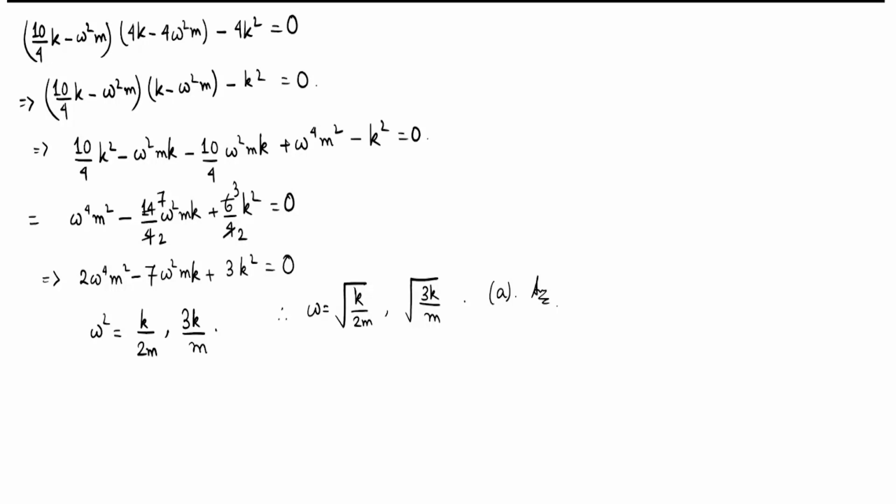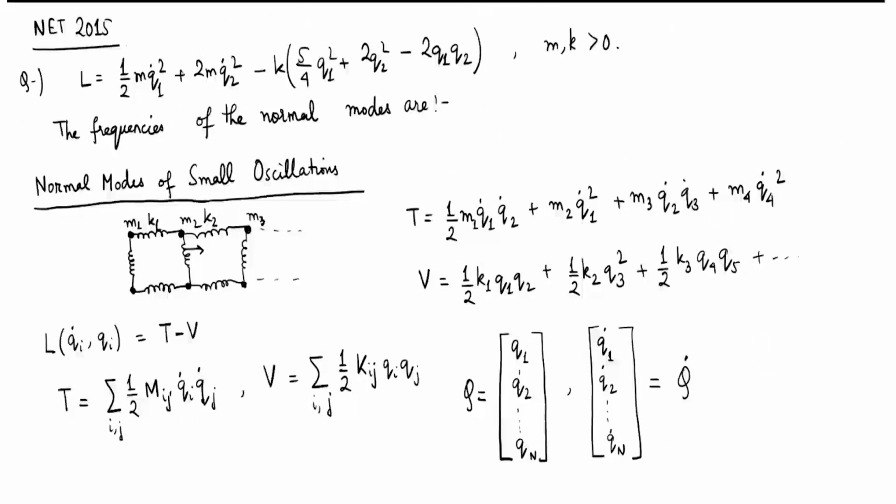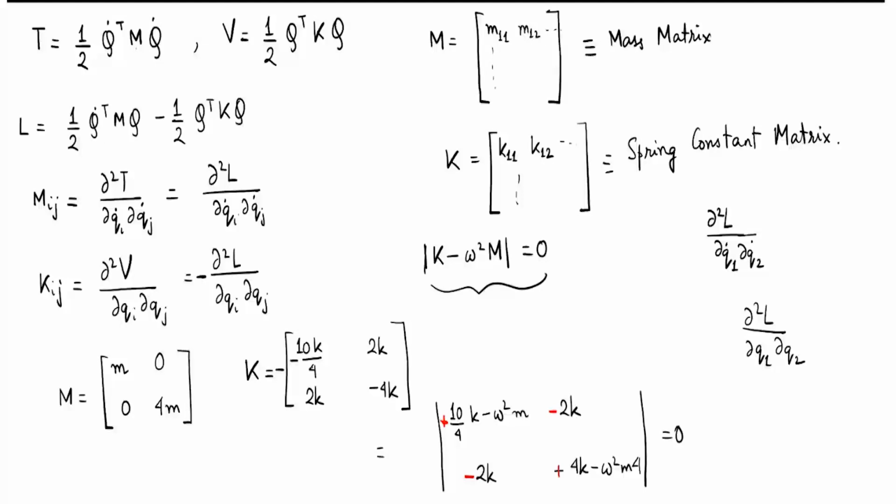So did you get how to do this type of problem? This comes every year. Sometimes two problems come: find the normal modes of small oscillation of a system. In this system there are two particles, so it's a 2 by 2 matrix. The mass matrix and the spring constant matrix are 2 by 2.